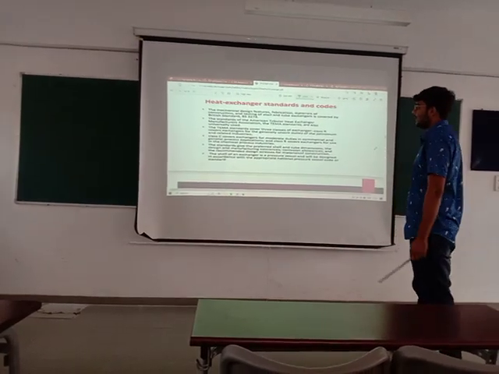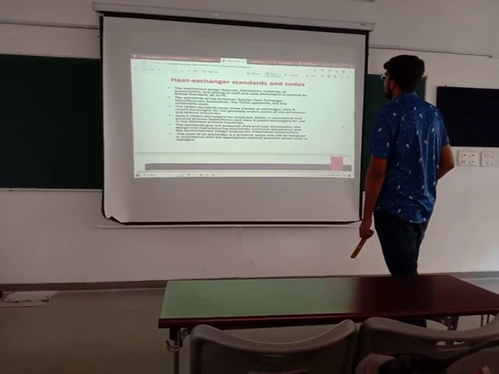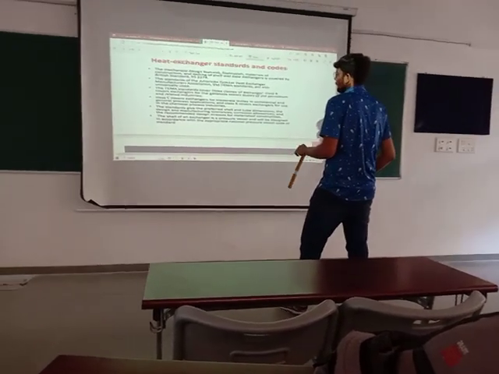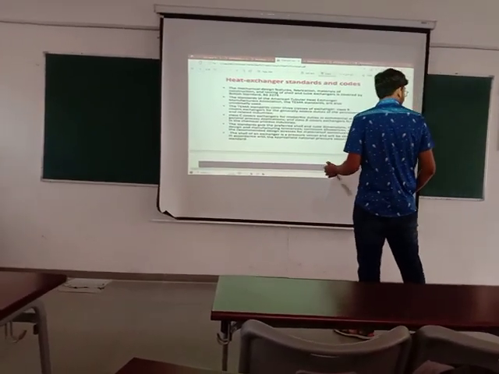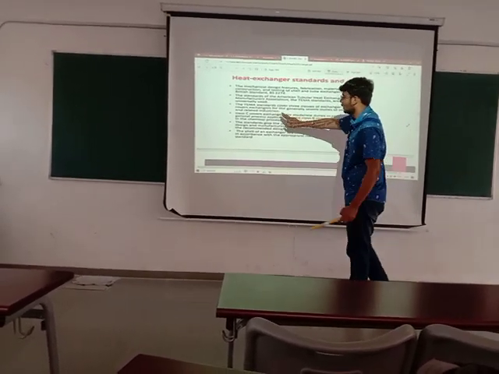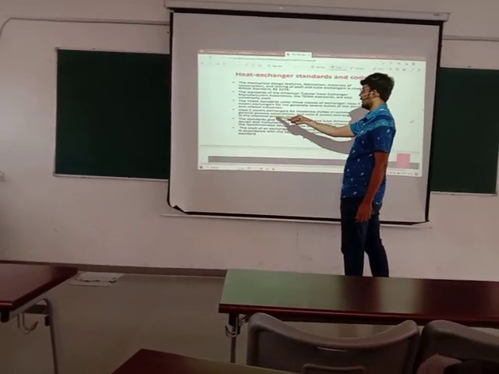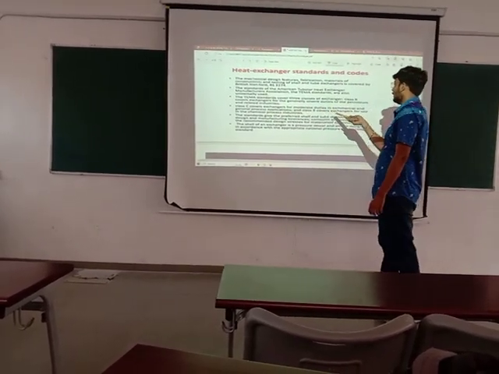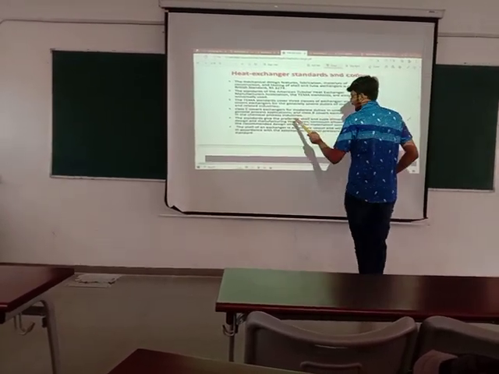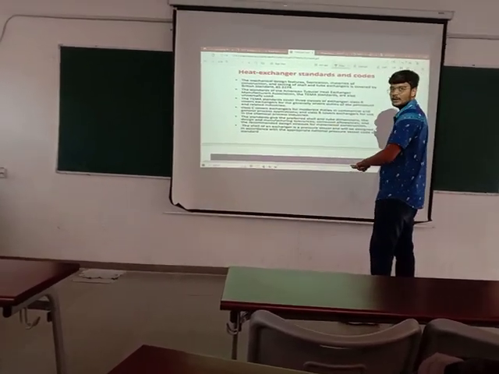Class R covers the exchanger for the usually severe requirements of petroleum and related industries. Here there are three types: class R, class C, and the third one is class B. Class C covers the exchanger for moderate commercial and general process applications. Class B covers exchangers for use in the chemical process industry.